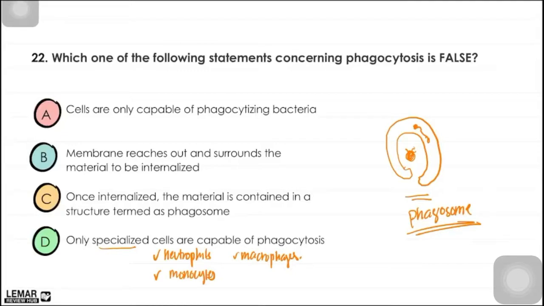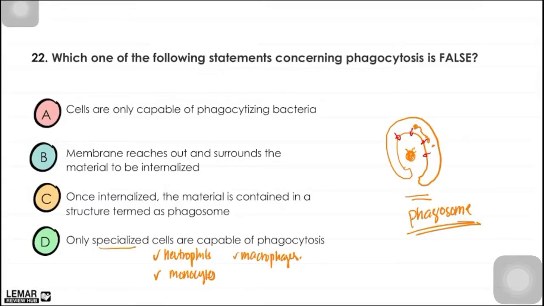So lysosomal enzymes from the phagocytic cell are then released into the phagosome. What will happen? Maglalabas siya ng lysosomal enzymes, and this will destroy or digest the engulfed material.